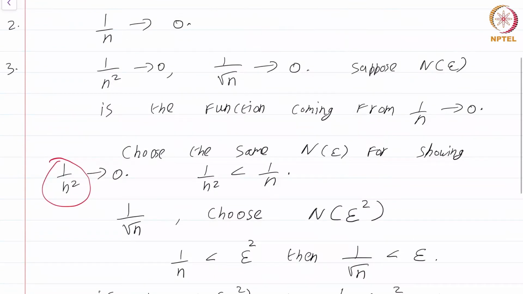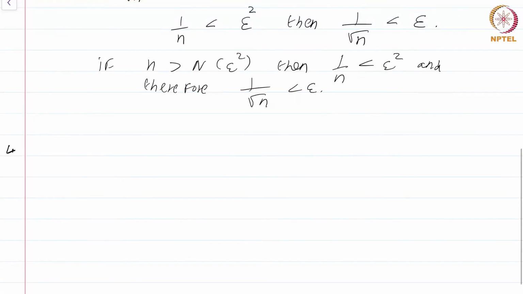Okay. 4. 1 plus or minus 1 by n. Well, this converges to 1. Okay, this sequence. Why is that the case?